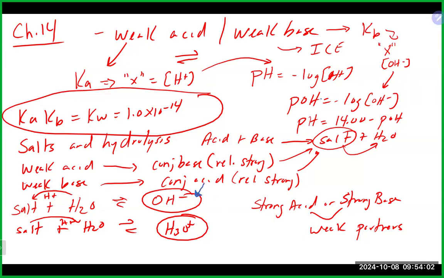So again, if you see OH minus on the product side of a reaction, and you're doing some type of calculation, you should be using a Kb value. If you see H3O plus or H plus on that side, you should be using a Ka value. So again, that is how you can identify which K value you should be using, as that is definitely a common error that people make: they use the wrong K value with the reaction that's going on.